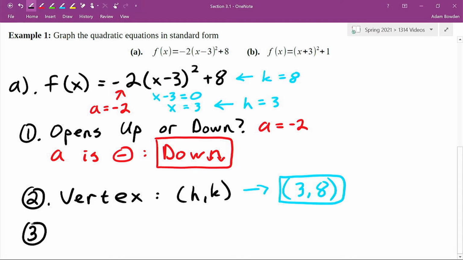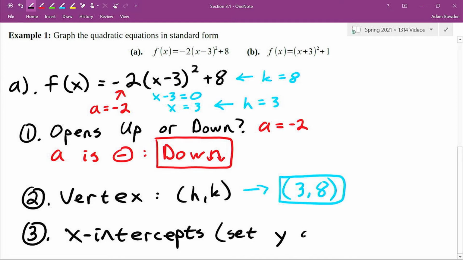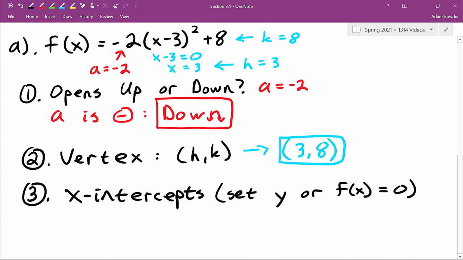Then the other thing we're going to do here is determine the x-intercepts. To find the x-intercepts, like we do for pretty much everything, we set y, or f of x, equal to 0. Here that would look like 0 equals negative 2(x minus 3) all squared plus 8.